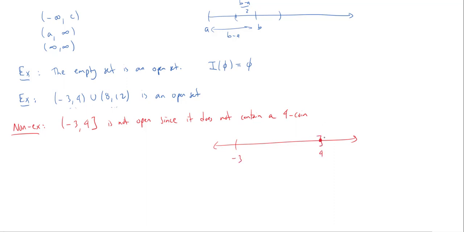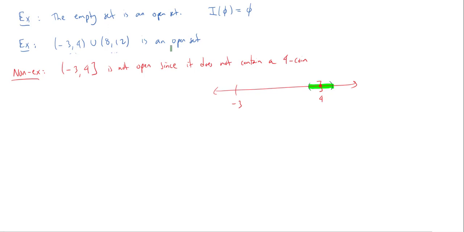Now I have this point 4. If I want to put any coin around it, I can go to the left quite a bit, but to the right, I'm leaving the set, and there's no way around that. When 4 wasn't included, I didn't have this problem because I didn't need to put an open interval around 4. I only had to do it around points that were slightly to the left of 4, and I could do that by just making them really tiny.